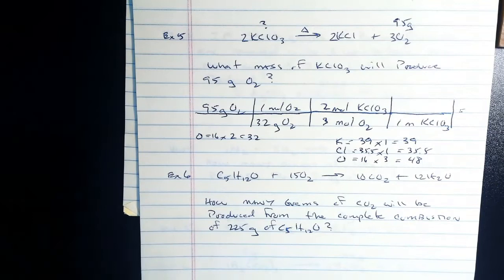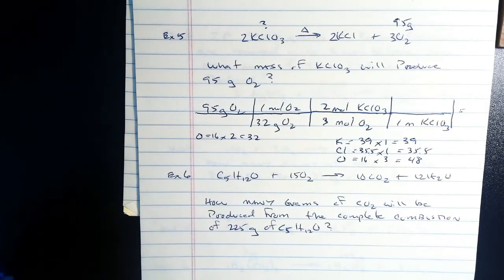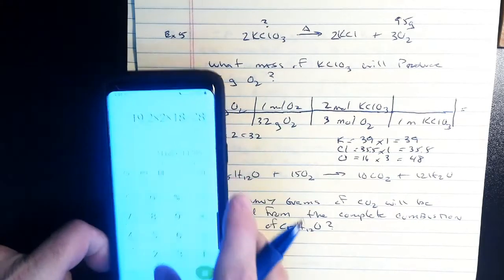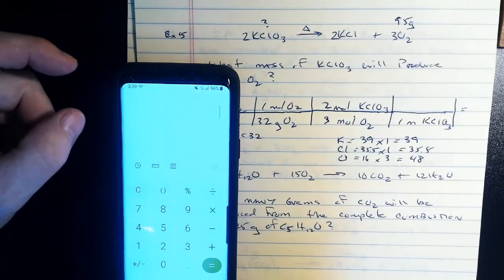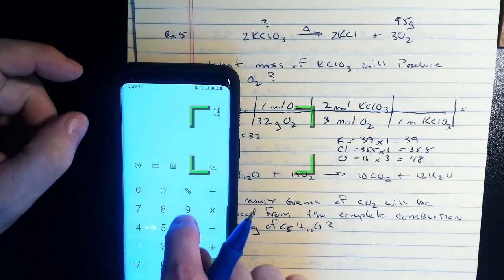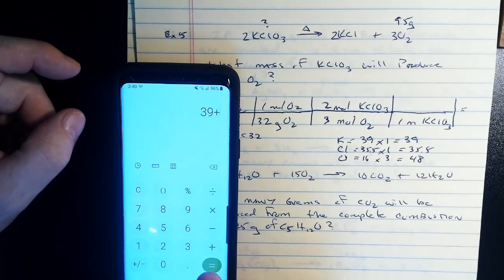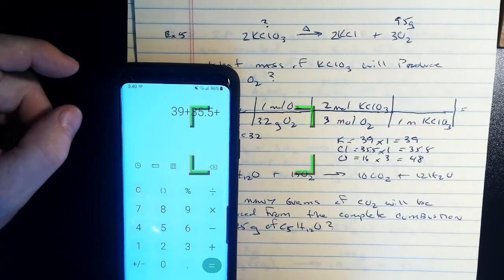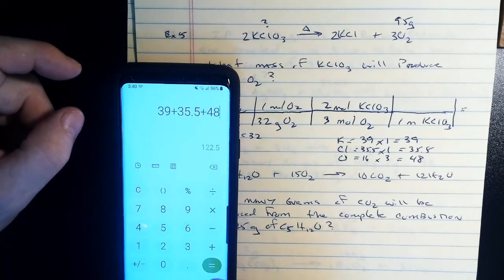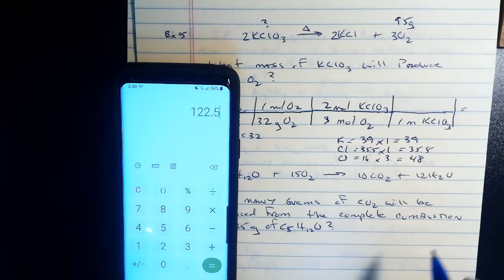So now we're going to whip out that calculator again. So here we go. And let's clear this. So let's add 39 plus 35.5 plus 48. 122.5.